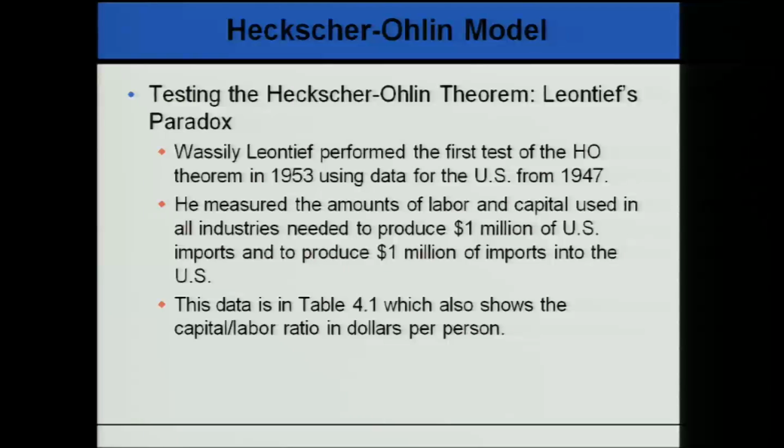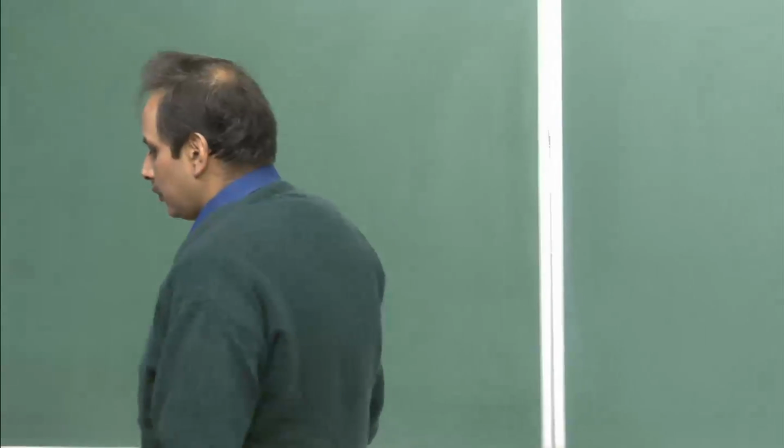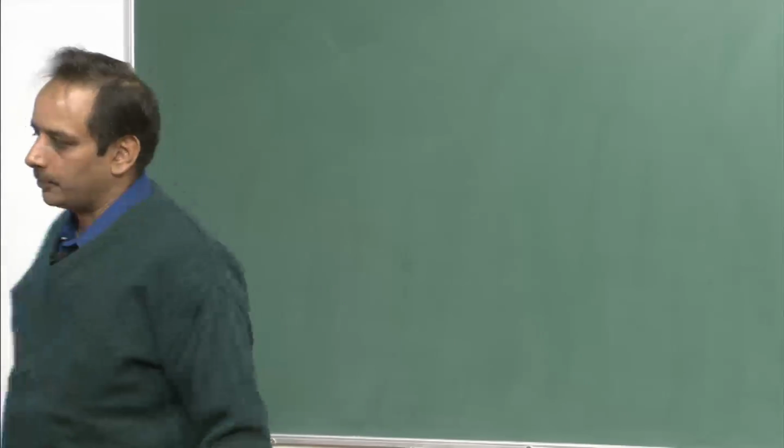The empirical testing, the first of its sort, was done by Professor Leontief in the year 1953, and he used the 1947 data for the exports and imports and the capital and labor requirements to produce 1 million US dollar worth of exports and imports.